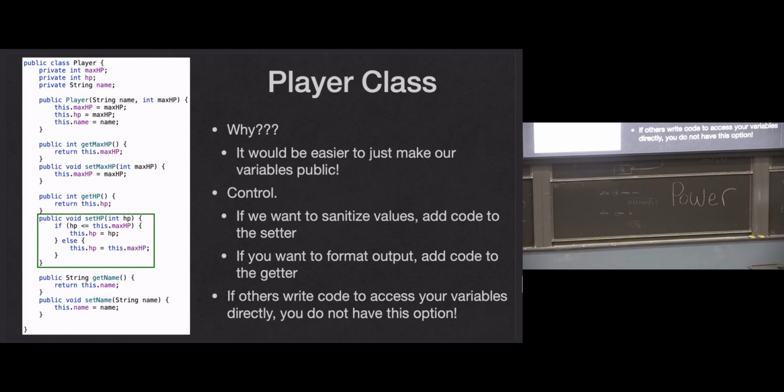Other languages, just to wrap up this conversation: on their instance variables, you just make them public and let everybody access them however you want them to. And then languages like Python have a way to retroactively have player.hp equals whatever, have that exact code implicitly call a setter method.